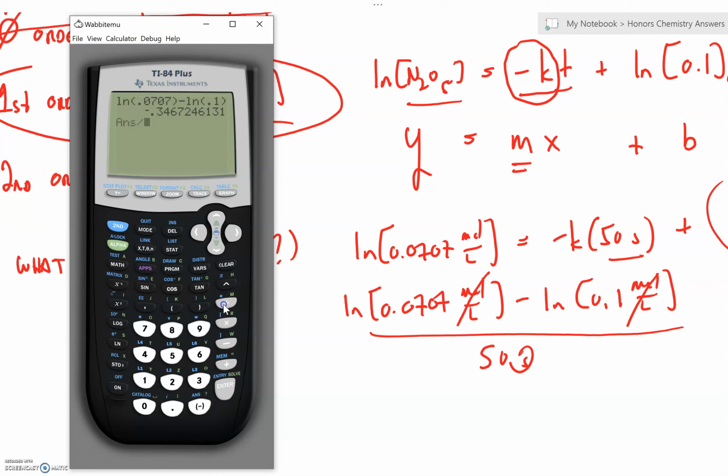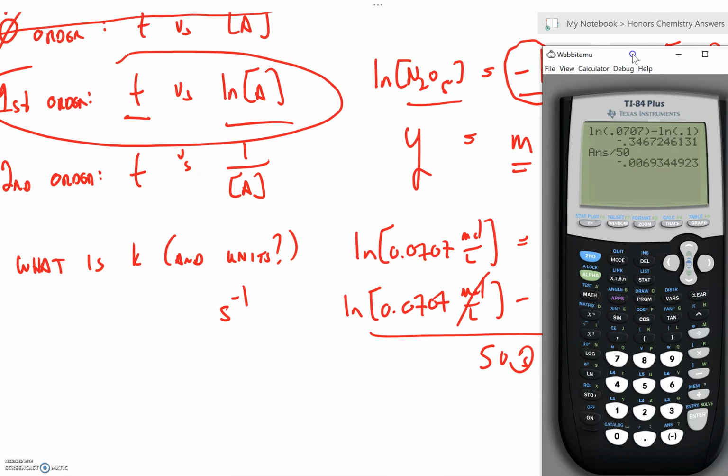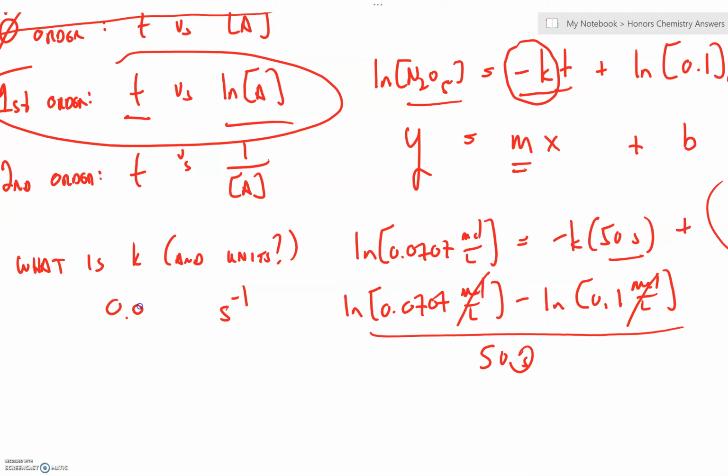And we'll divide this answer by 50. And here is our rate constant. It is 0.00693, and it is a negative number, as it should be. And you could write that as 0.00693, or 6.93 times 10 to the -3 seconds to the -1. Now that's one way that we could do it.